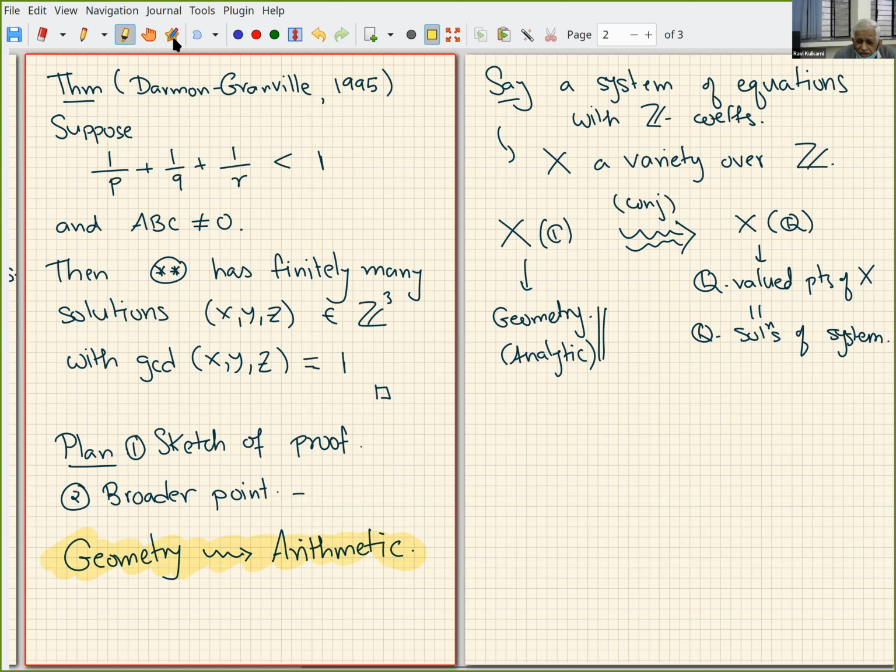Yes? Can you please recall if the corresponding projective algebraic curve is of genus greater than or equal to 2? Yes, no, it's not. Okay, I'll just come to that point. Then there is Siegel's theorem.